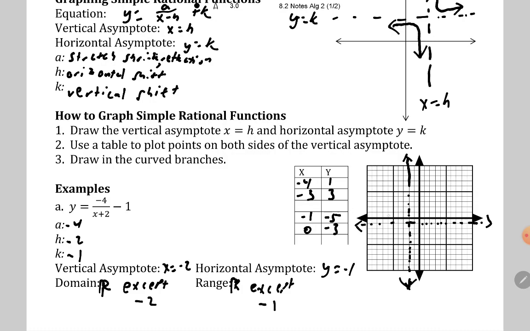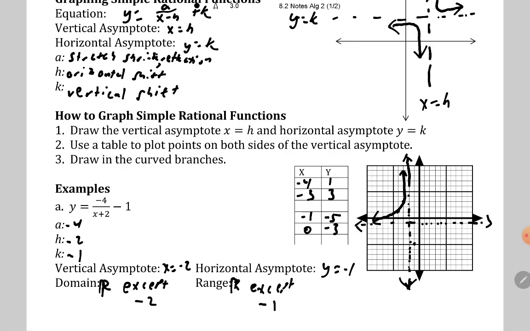-4, comma 1, -3, comma 3. Okay, so what's going on is there's our one curved branch here. And let's do the other side. -1, comma -5.